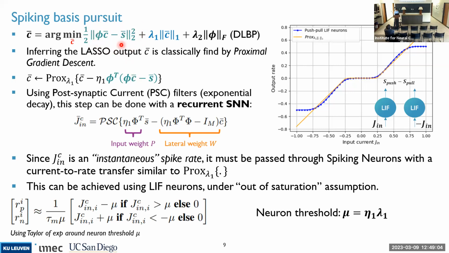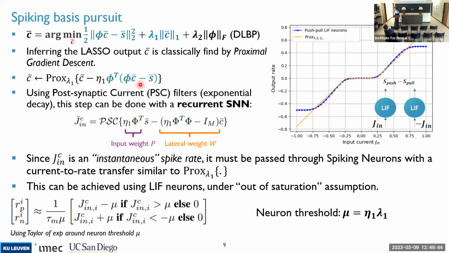So the gradient of that term with regard to C is given here by phi transpose times this error, this phi C minus S term. And we'll just take the gradient step with the learning rate given the previous C. But then to take into account the L1 constraint that we have in the problem, we will use a proximal operator, which is an operator that will project the result of the stochastic gradient descent step that we take here into the space of constraint that is synthesized by the L1 constraint.